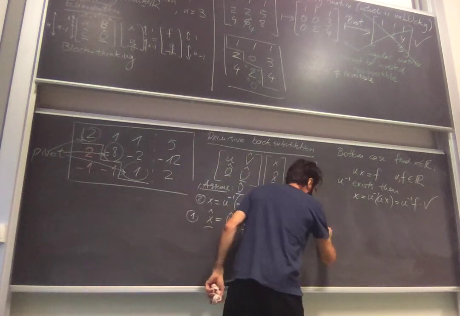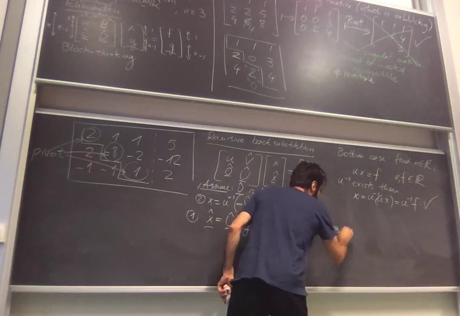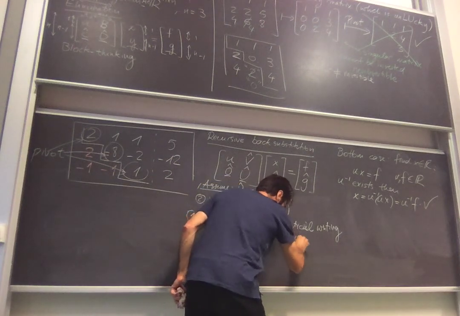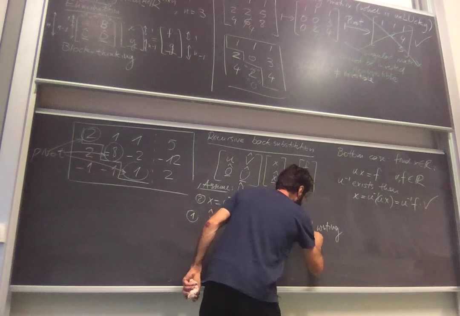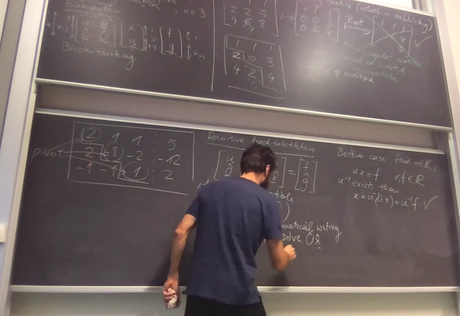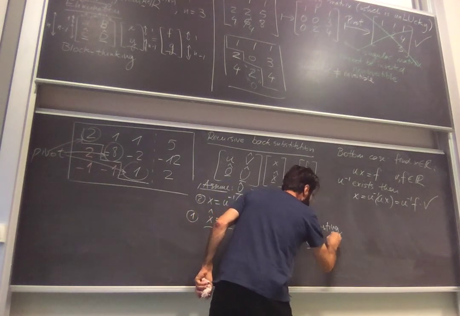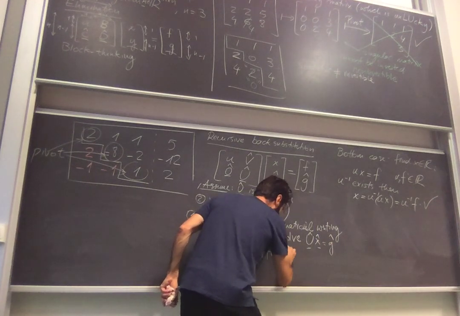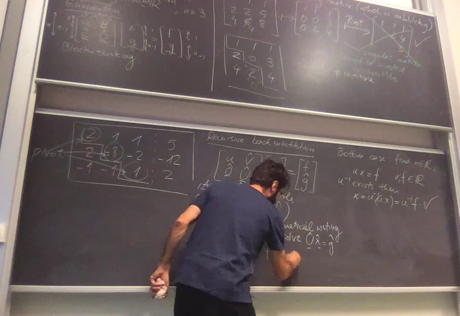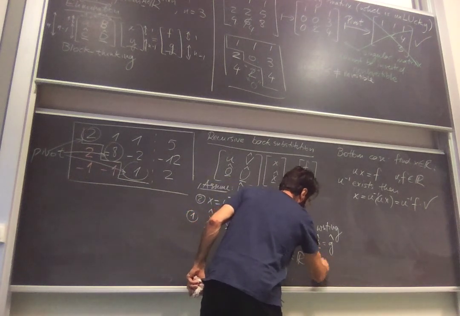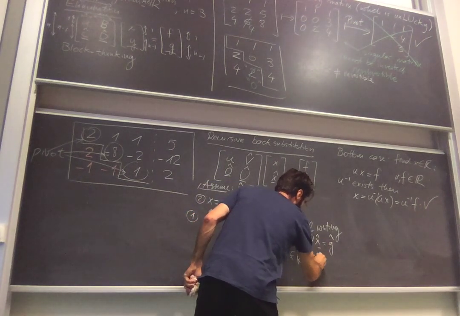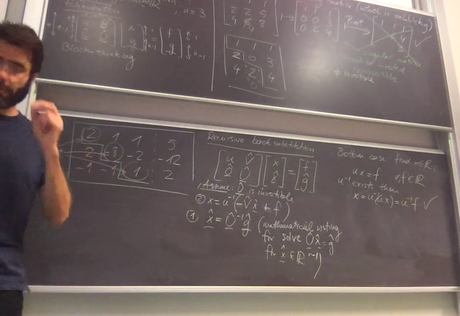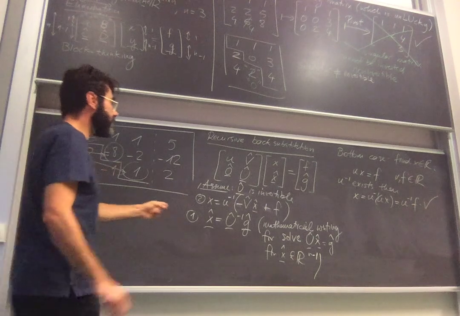It just means: solve u hat x hat equals g hat for x hat in R to the n minus 1. So what do I mean by mathematical writing? I mean, we just write this on paper.